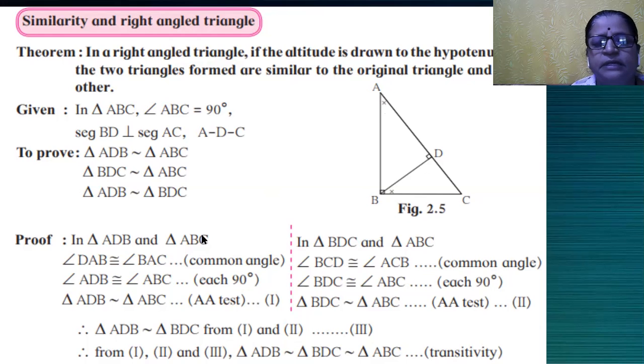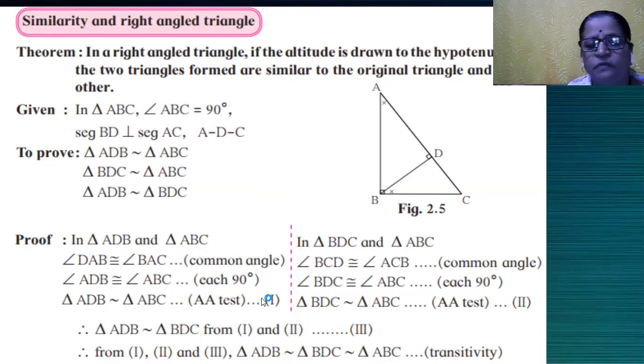Then next, angle ADB is congruent to angle ABC. See, this is 90 degrees and this is also 90 degrees. Means angle ADB is congruent to angle ABC, each 90 degrees. Therefore, triangle ADB is similar to triangle ABC according to the AA test.